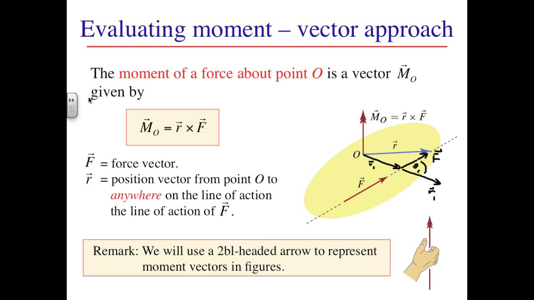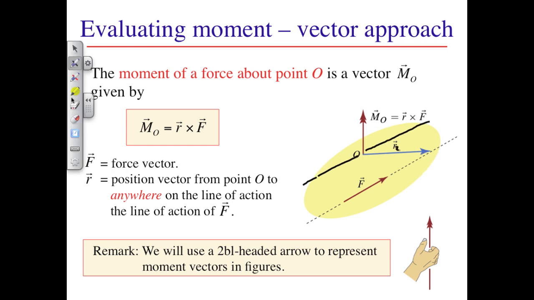Recall that the magnitude of a cross product is R F sine theta, where theta is the angle between R and F laid tail to tail. Here I have sketched theta 1 in the figure. R1 sine theta 1 would be the same perpendicular distance d that I had for the scalar approach on the previous slide.